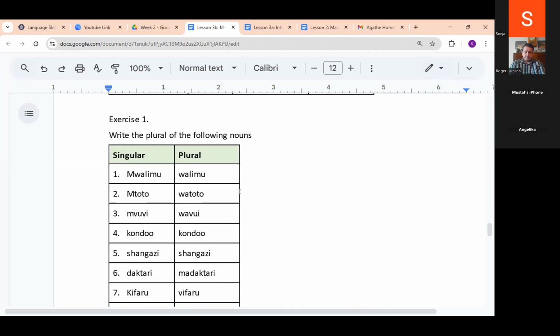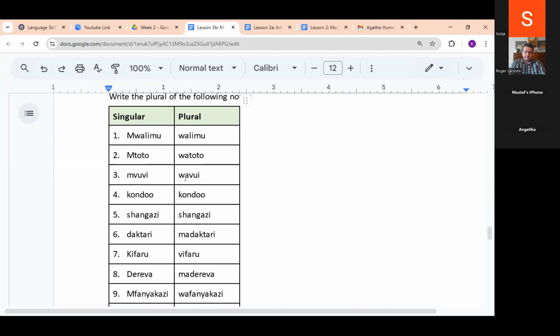Okay, so we have here the singular and plural, but we can just read the plural for this. Kaka Roja and Sonia, read up to 5. Mwalimu, walimu, mtoto, watoto, mvuvi, wavuvi.